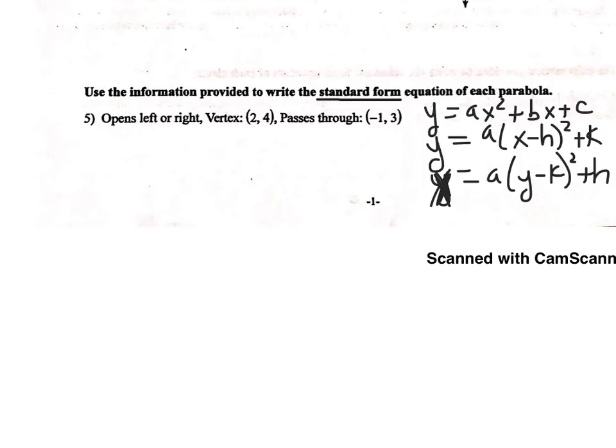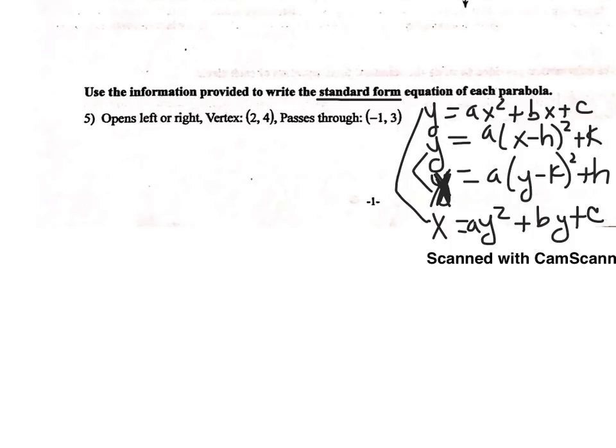Also, we have a standard form that's x equals ay squared plus by plus c. So these two are the standard forms and these two are the vertex forms. So make sure you know which form is which, because on the test you may be asked for the standard form or you may be asked for the vertex form, and you need to know the difference.